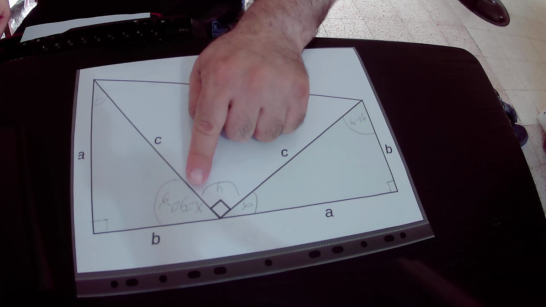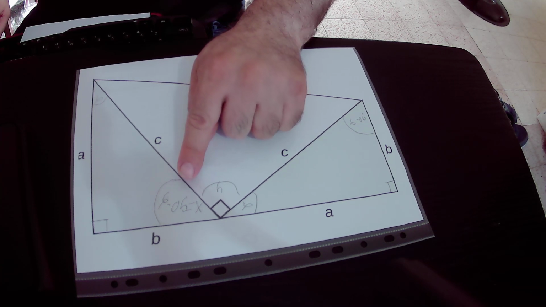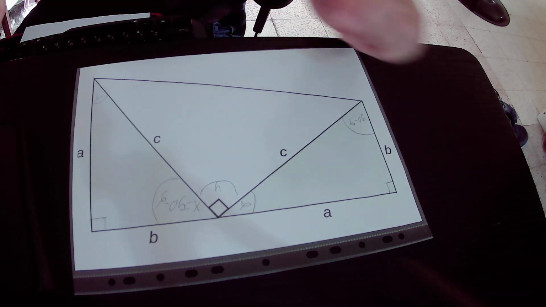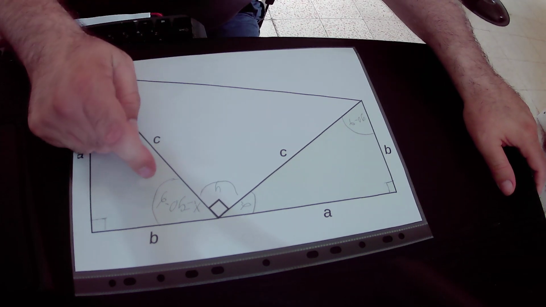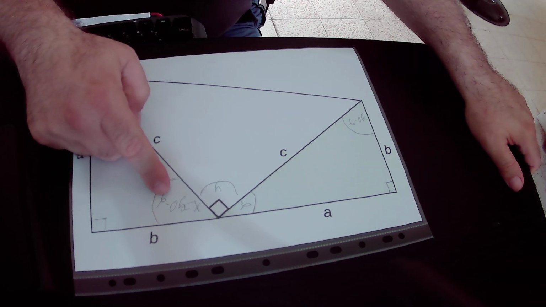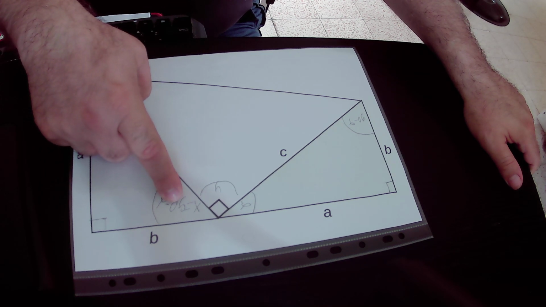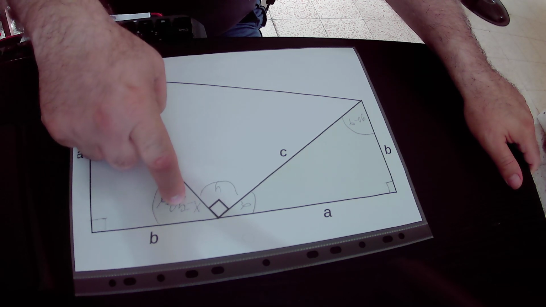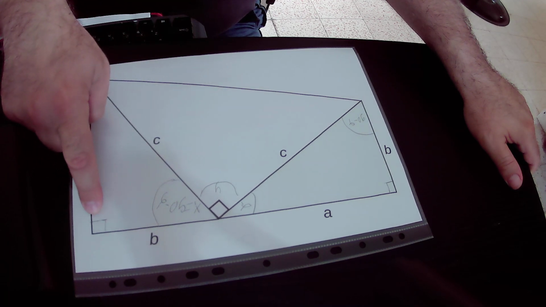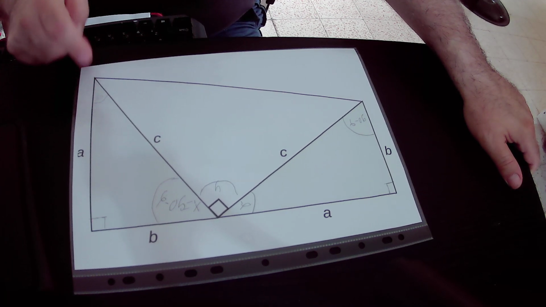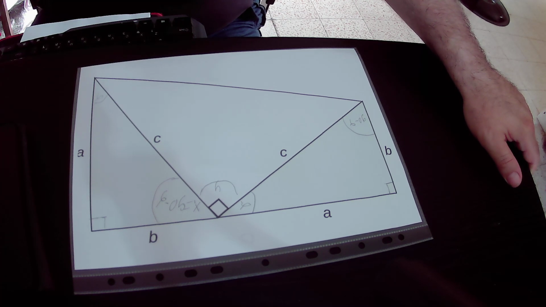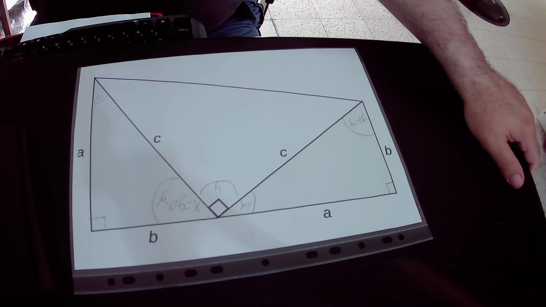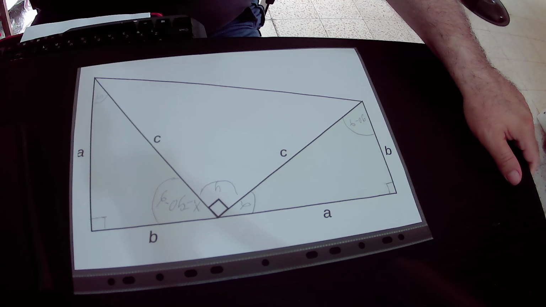If we assume that this angle is x, then x plus 90 plus alpha equals 180 degrees, because the sum of the angles in any triangle is 180 degrees.